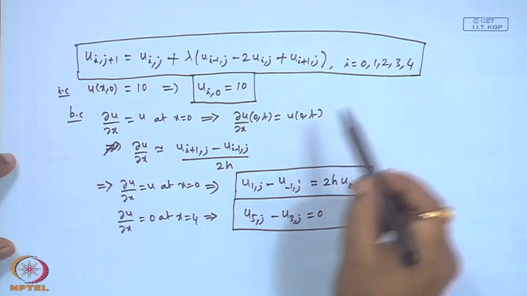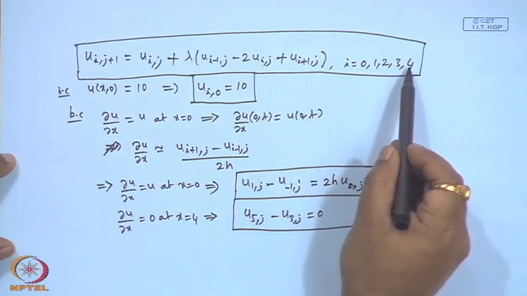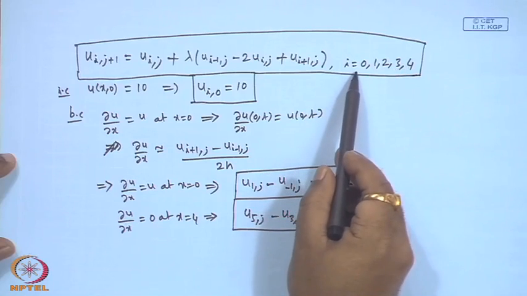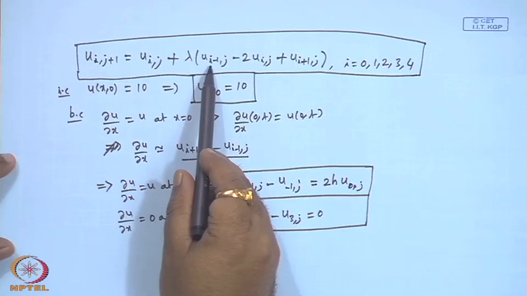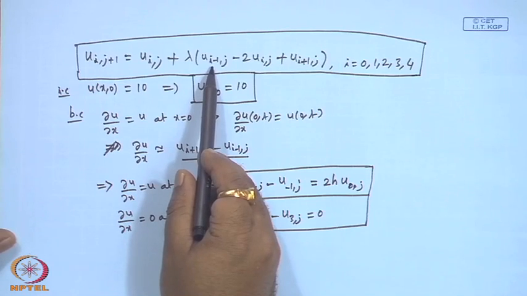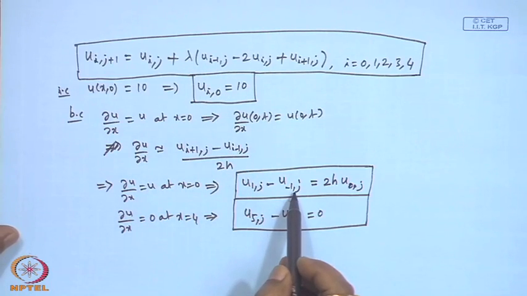So, we have unknowns at 0, 1, 2, 3, 4. If you recall, if you run at I equal to 0, here we are going to get u minus 1. So, this is a fictitious value. However, we have one equation involving this fictitious value.